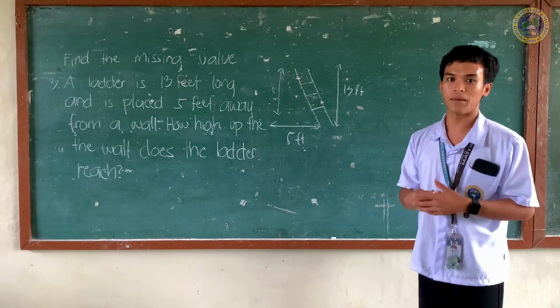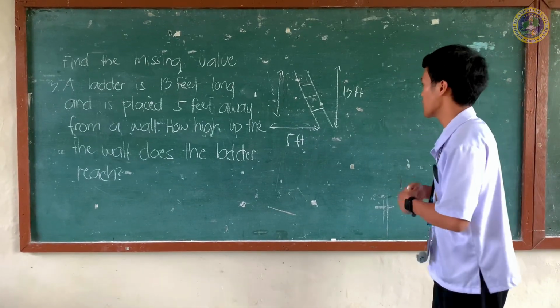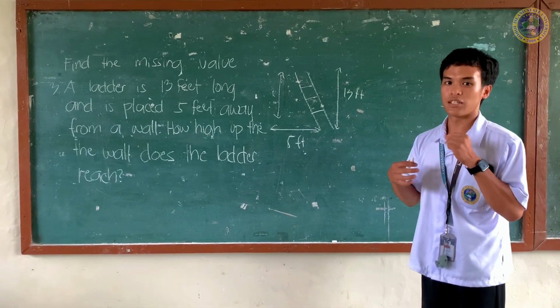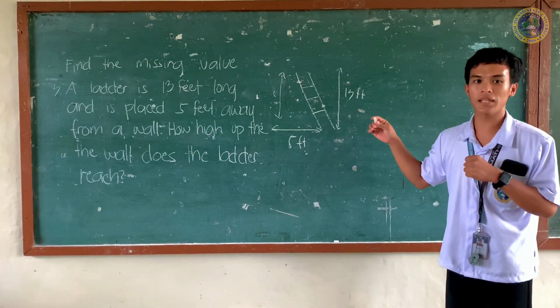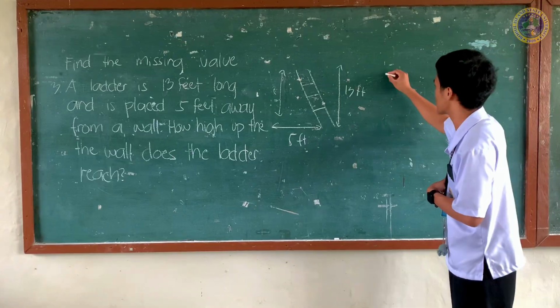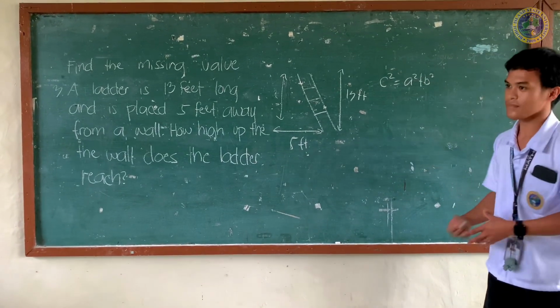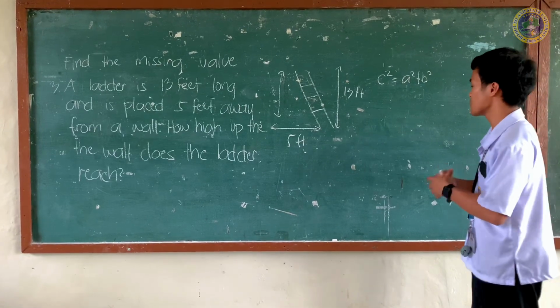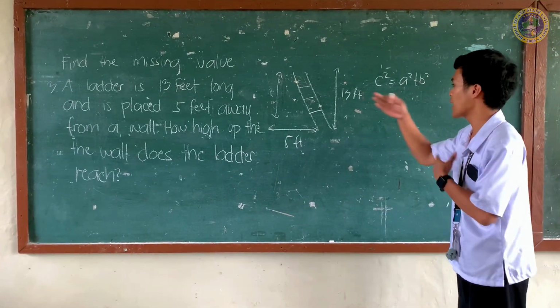So since our information is complete in solving a Pythagorean theorem, we can now use the formula to solve the problem. So again, in solving a Pythagorean theorem, we follow a formula which is c squared equals a squared plus b squared. Next, we substitute the given values to our formula so we can solve for the height.